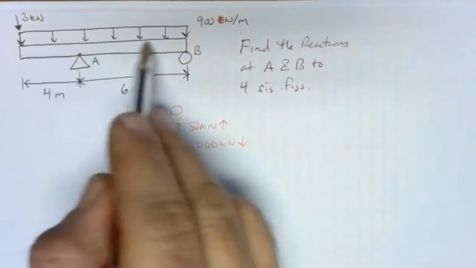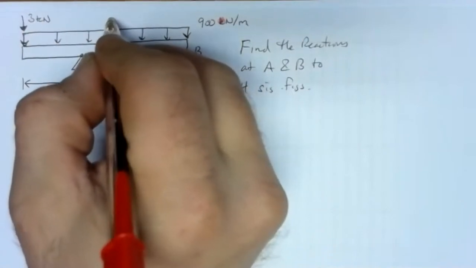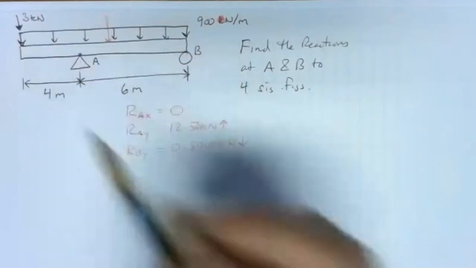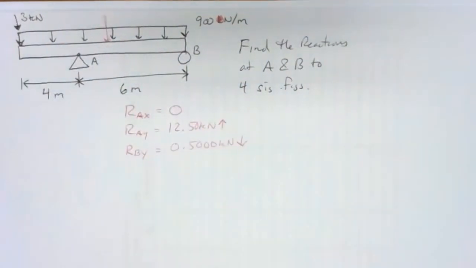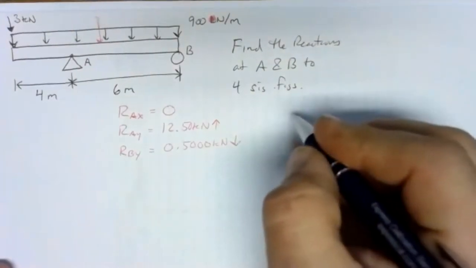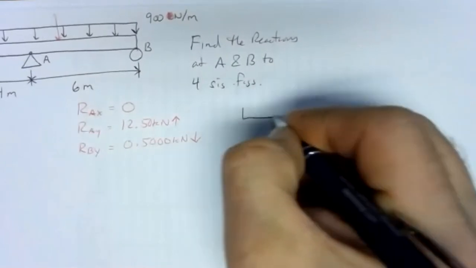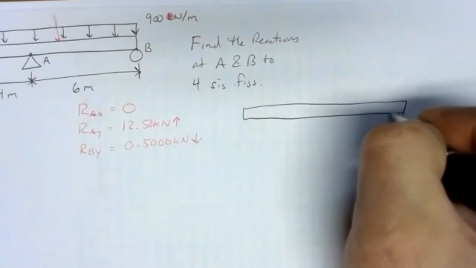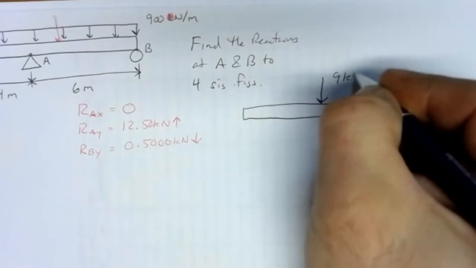And because it's a uniformly distributed force, that equivalent 9 kilonewtons is going to be right in the middle of the beam, 5 meters in from either end. So now that we've got that, we can go to our free body diagram. So in the free body diagram, we've got our beam. Right in the middle, we'll have 9 kilonewtons.